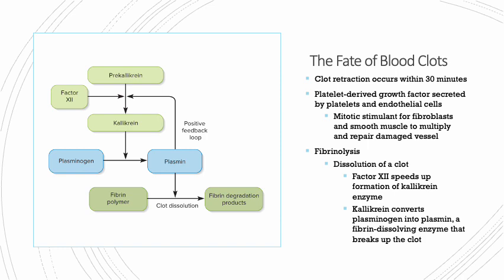I'm not going to expect you to remember the names of it. Just know that when clots are done, clotting injuries, they dissolve, because we don't just need 1,000 clots floating around in our body. Just asking for trouble with that. So the platelets make the body do mitosis really quickly by releasing that growth factor. And then the clots are dissolved after they are done plugging up the bleed.